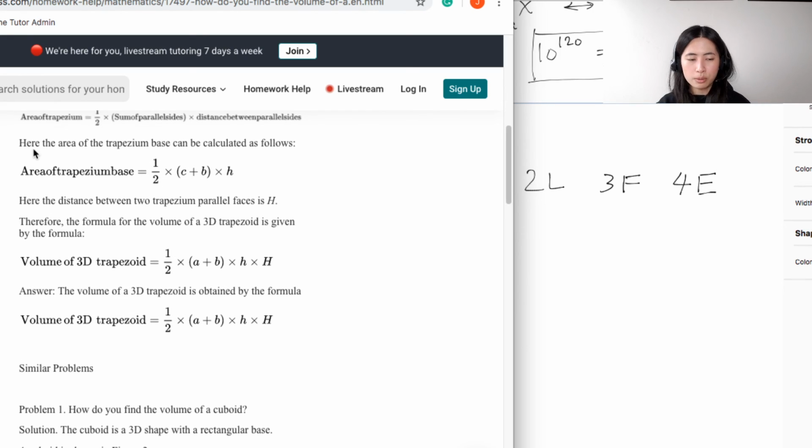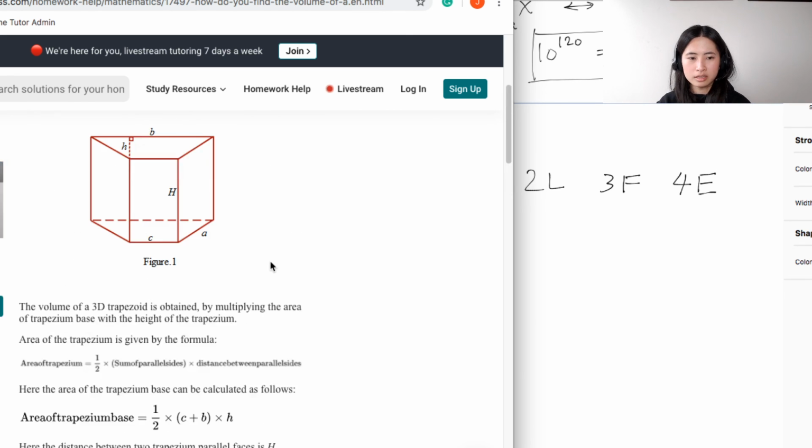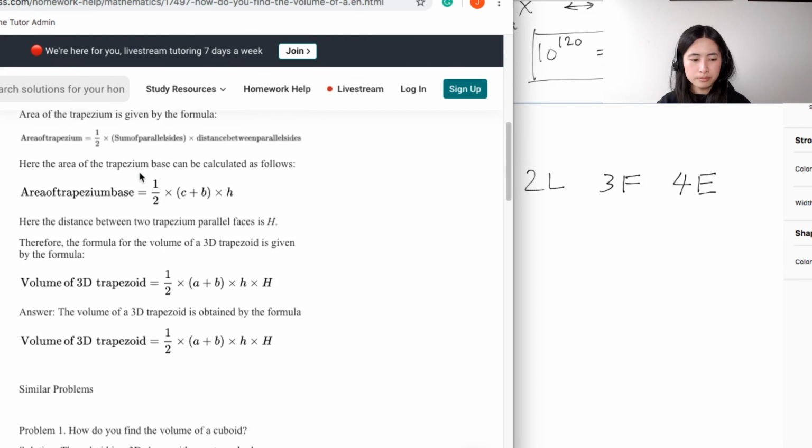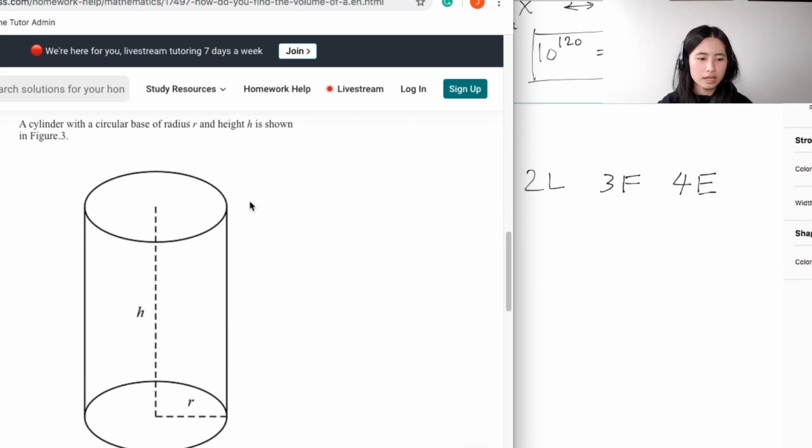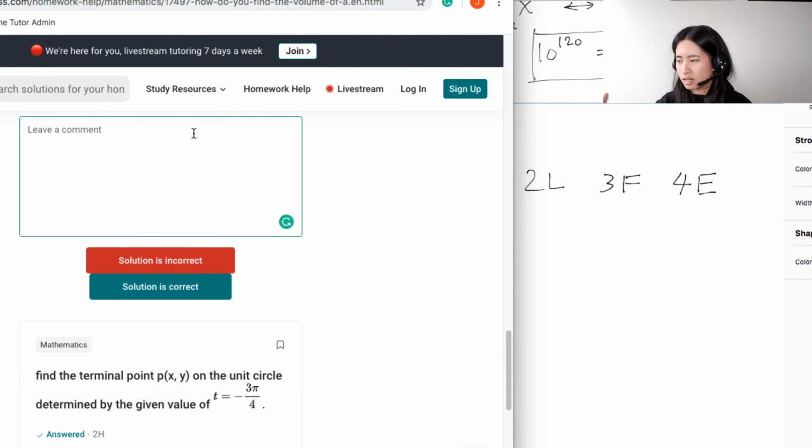But on top of that, just remember that for the area of your trapezoid, there is a height which is coming from the trapezoid. So this is the trapezoid's height. And then for the volume, you need to multiply that to the height based from the rectangle, which is forming the prism. So there is a difference between the two h's. It's not just because they're both h, it means it's the same height. No, it's different. Okay, great. I have nothing to correct. It's a perfect explanation.